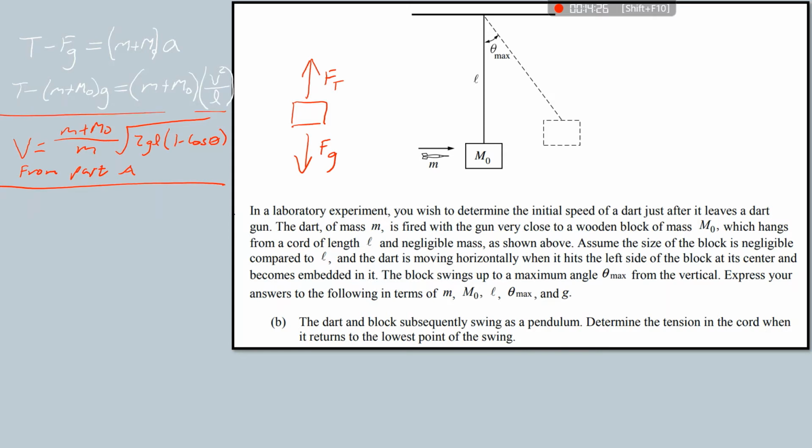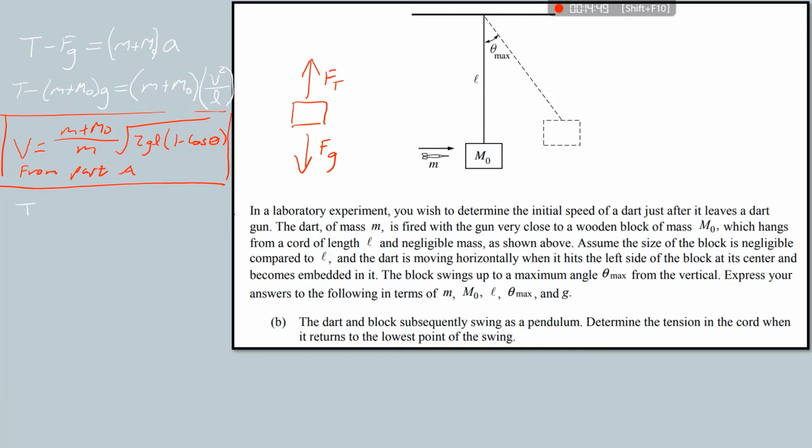Okay, so now that we've got that, that gives me our masses, G, L, and theta. If I substitute that in, then I should be good to just solve for tension. Let's plug that in.